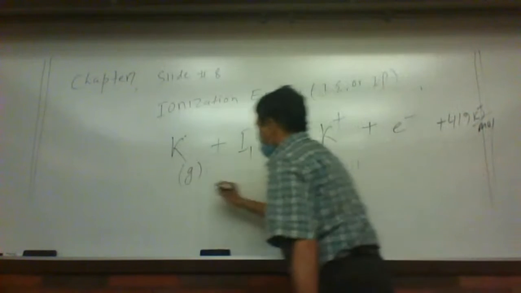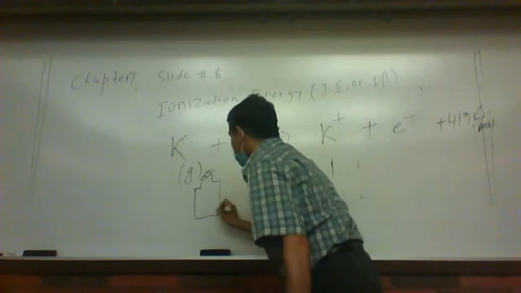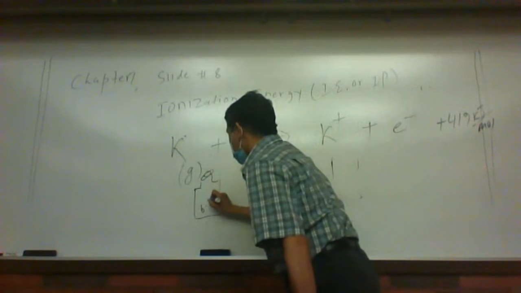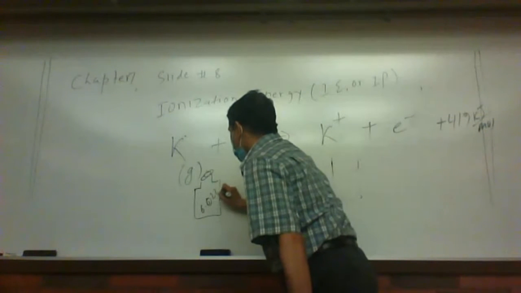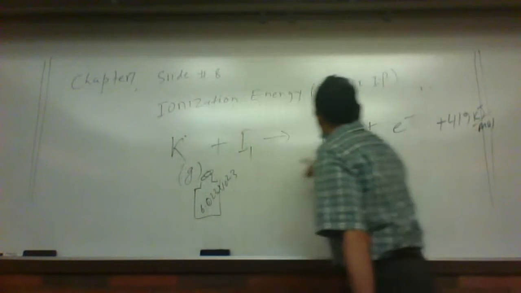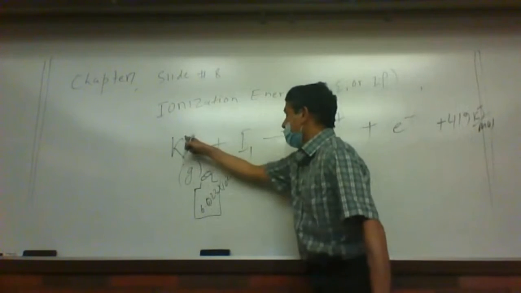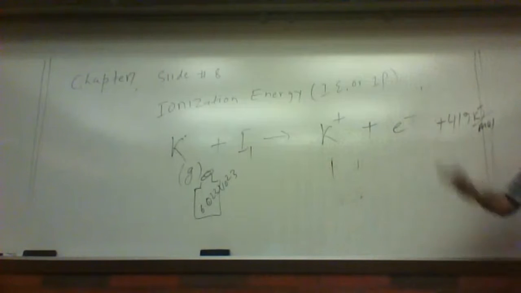Maybe here is a vessel. We have 1 mole of potassium, meaning 6.023 times 10 to the power 23 potassium atoms in gaseous phase. If I give 419 kilojoules of energy here, all these electrons are just detached and gone. Make sense? That's what we are saying.